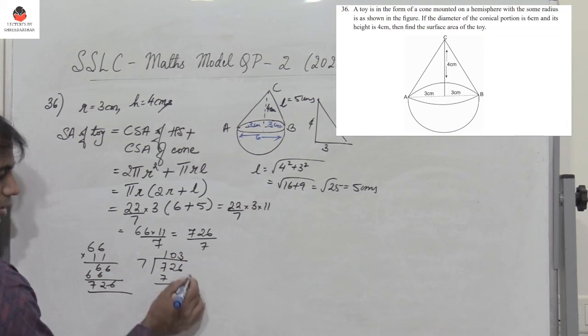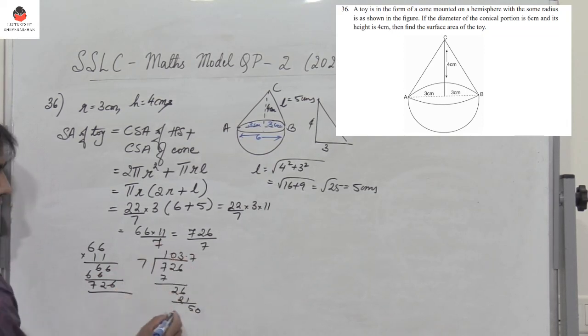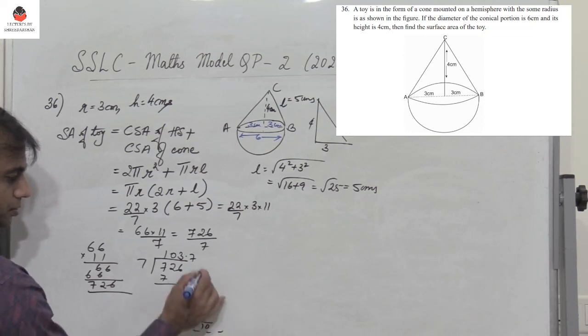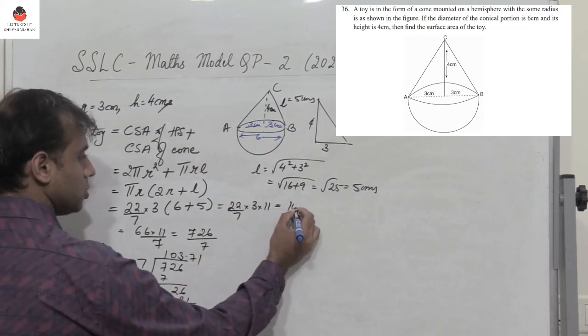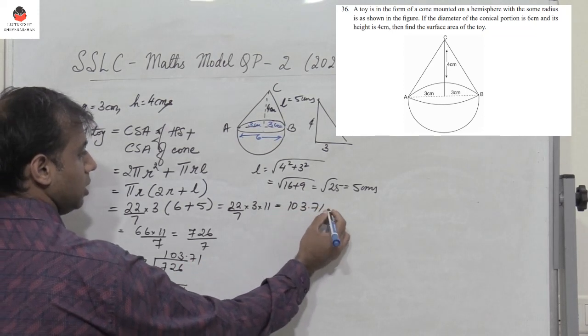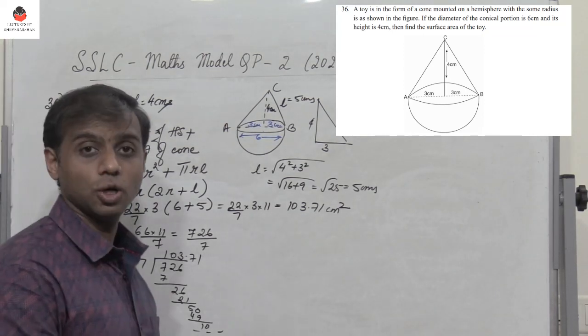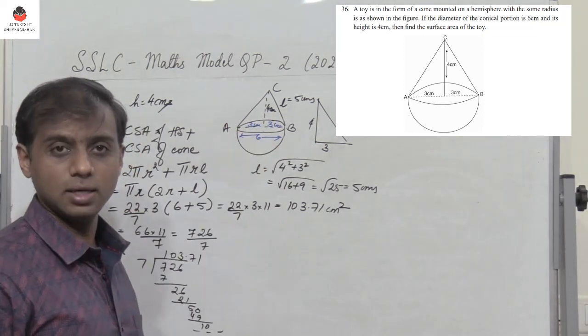Alright, 50. 7 sevens are 49. And then 1 and so on. So the value is 103.71 centimeters square. So this is the curved surface area of this toy, which has half hemisphere and half cone.